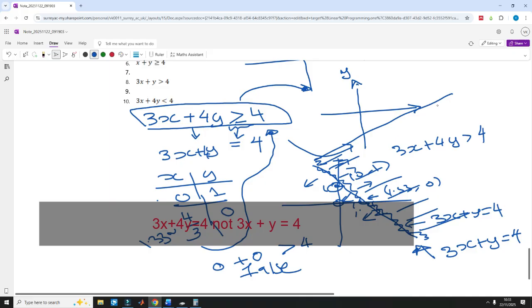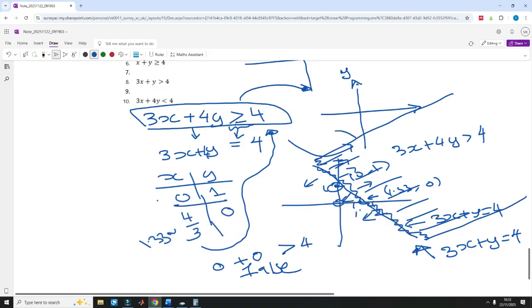So this is the plane in the two-dimensional axis. This region represents the linear inequality 3x plus 4y greater than or equal to 4. If it's 3x plus 4y less than or equal to 4, then automatically that corresponds to this other region.